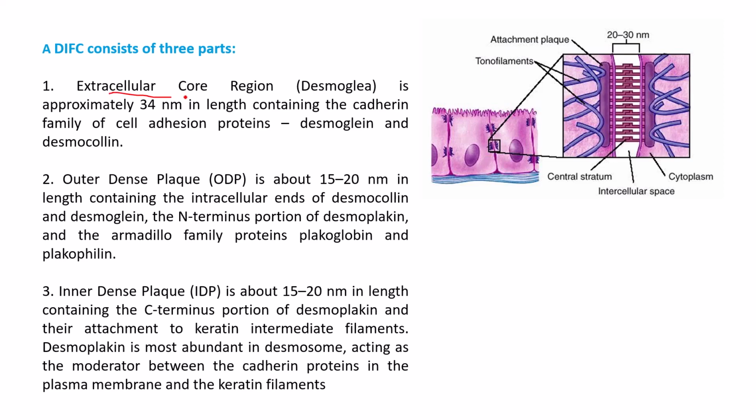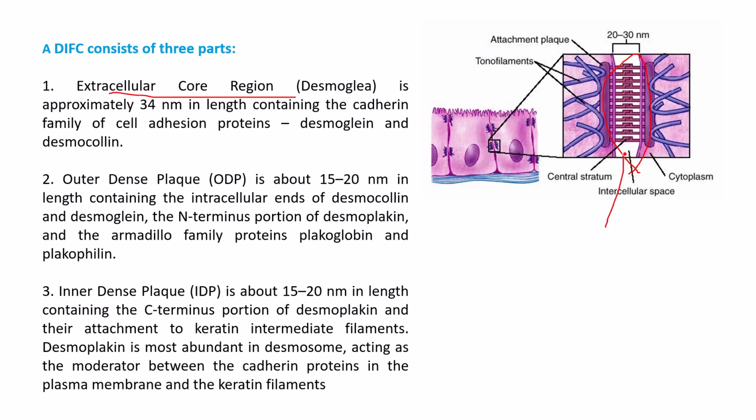It consists of an extracellular core region that is called desmoglea, which is approximately 34 nm in length, containing the cadherin family of cell adhesion proteins, and the proteins are desmoglein and desmocollin. Okay, so the outer dense plaque is about 15 to 20 nm in length and contains intracellular ends of desmocollin and desmoglein, the end terminus.